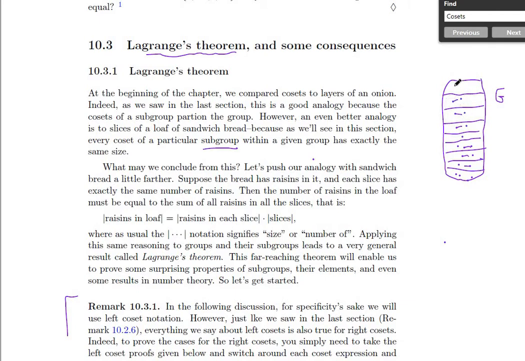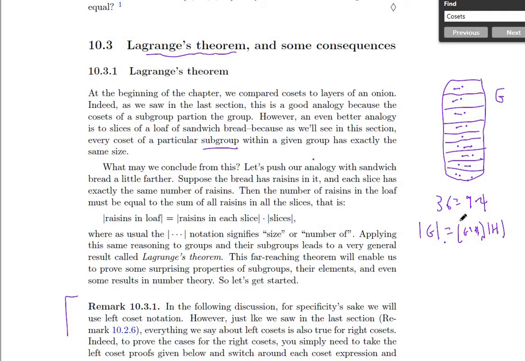Well, I have 36 because that's 9 times 4. So 36 is equal to 9 times 4. And what that means is that 36 is the order of the group, 4 is the order of the subgroup, and 9 is the number of cosets, which is G : H.